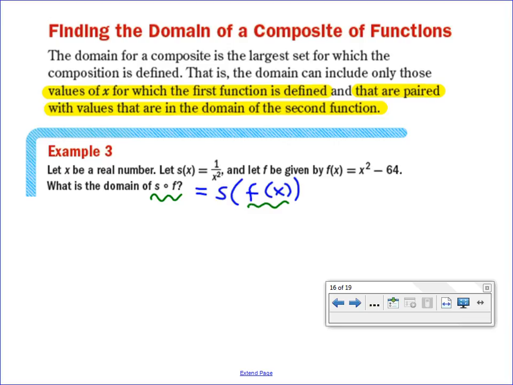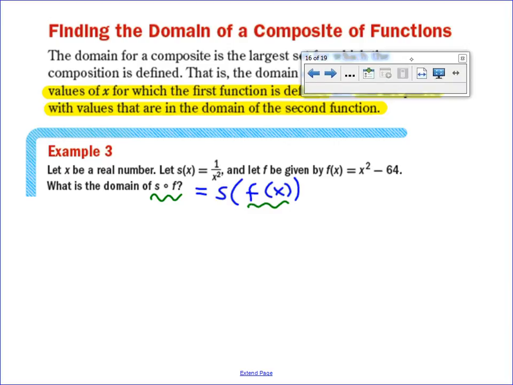And so we know that S of f of x is the composition, and we saw that if x is 8 or negative 8, squared equals 64, minus 64 equals a 0 on the bottom.